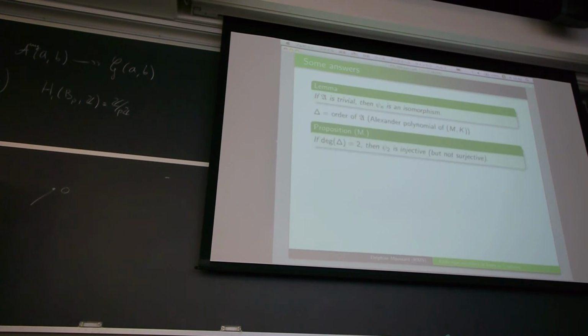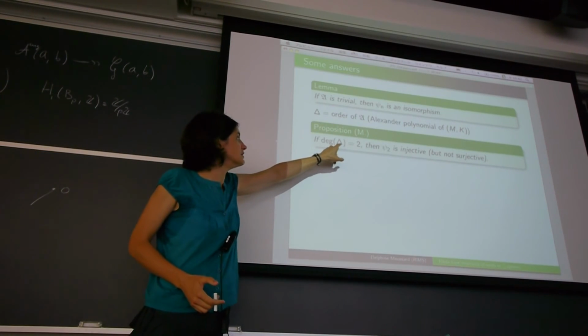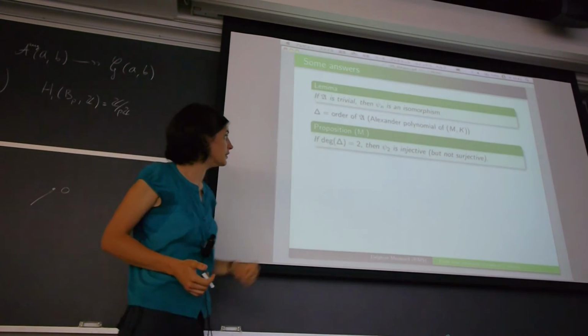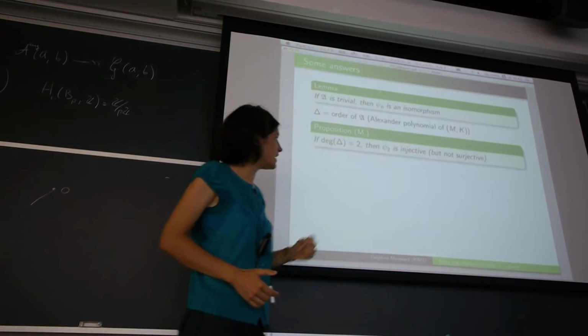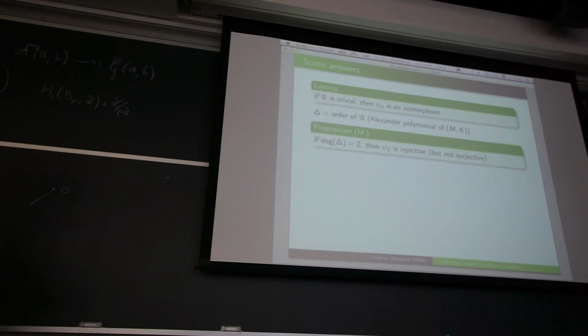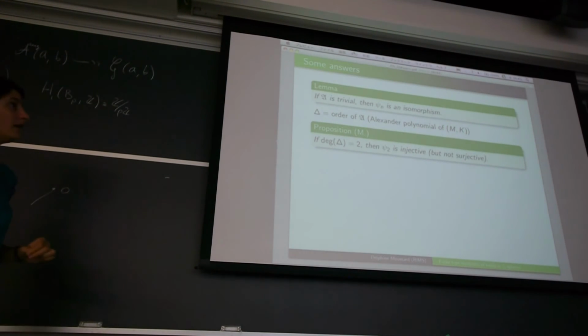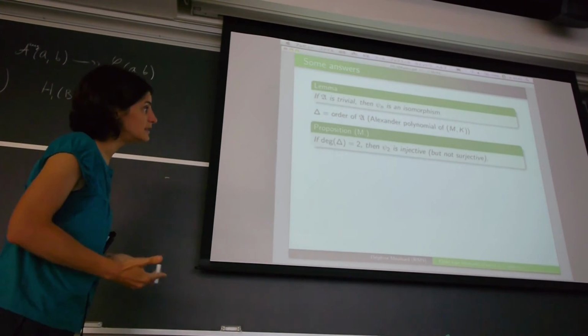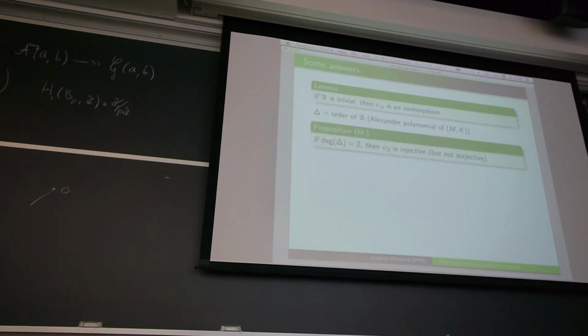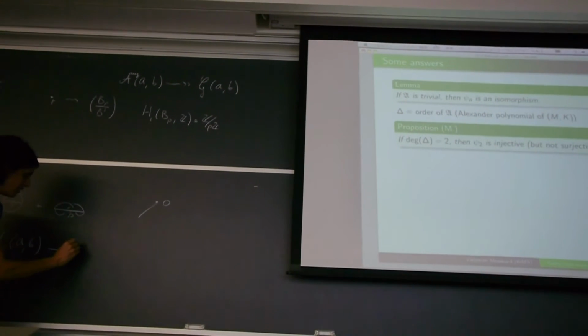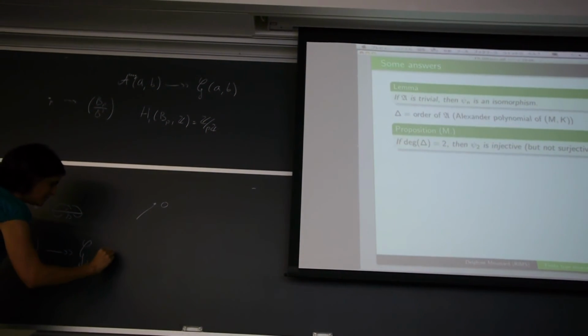Now a bit further, we consider an Alexander polynomial of degree 2. Since it always has an even degree, it's a polynomial case. And here we just consider psi 2, so we look at the degree 2 diagrams. Here we can prove that psi 2 is injective, from A2 AB to G2 AB.